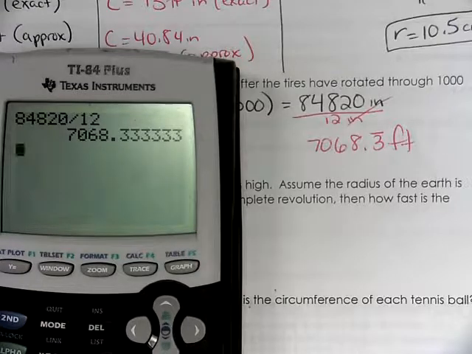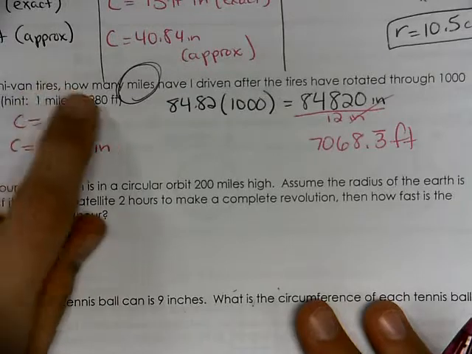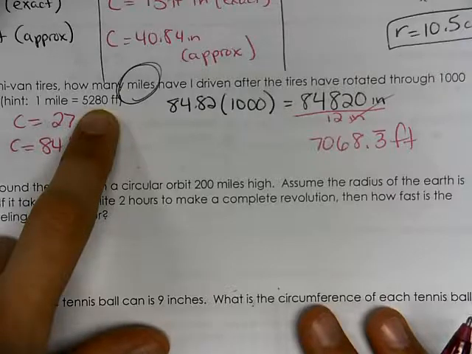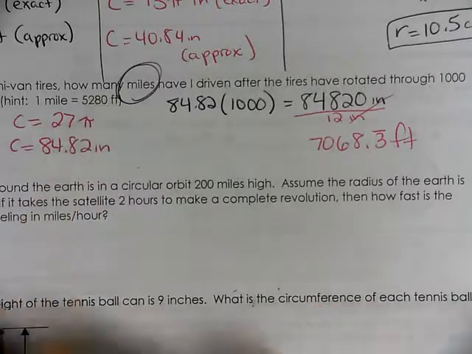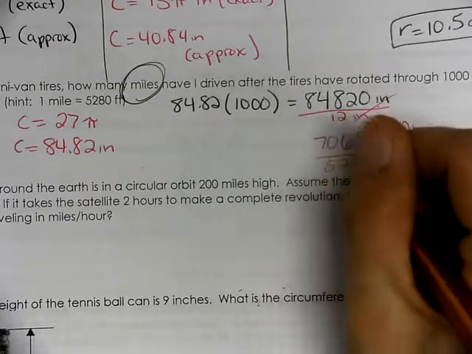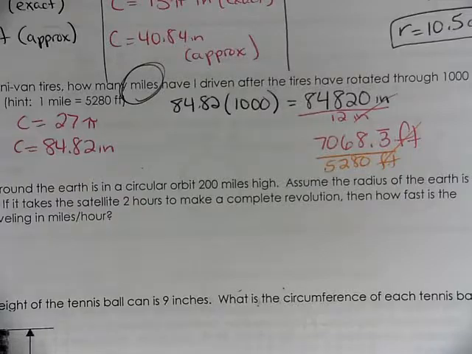I'm trying to figure out miles. The conversion is 1 mile is 5,280 feet. So I'm going to divide again, by 5,280 feet, so the feet cancel.